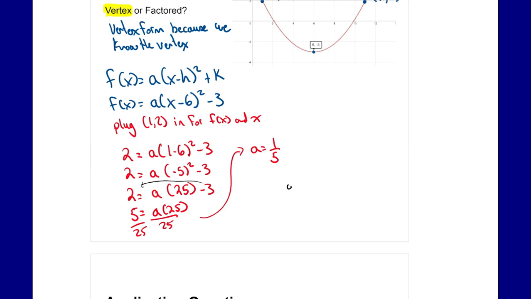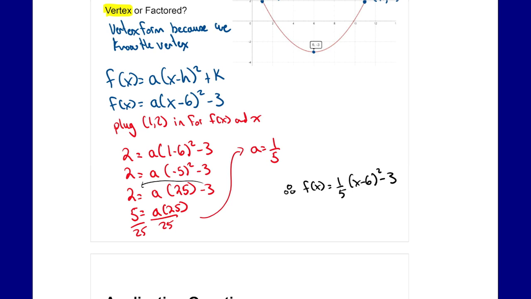Therefore, my function is going to equal 1 over 5 times (x minus 6) squared minus 3. Again, just plugging our values back in, we have a value for a, h, and k. Everything's filled in. We don't have to worry about x, because x is for any general scenario, so we're leaving x and f(x) alone.